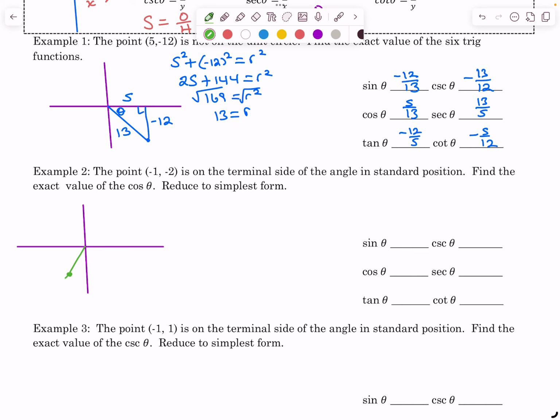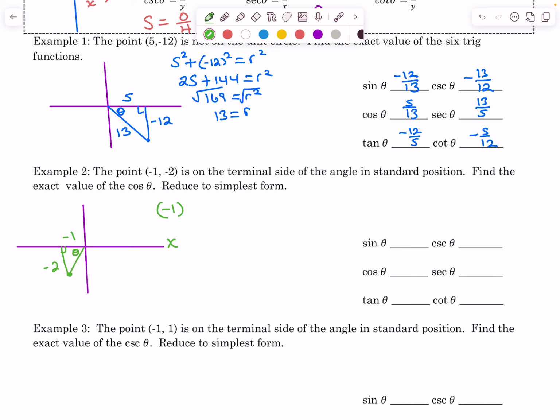And so now I can make my triangle in quadrant 4. And again, draw my perpendicular, put theta right up against the x-axis, as always. -1, -2. And now I'll do my Pythagorean's theorem to get my r again.